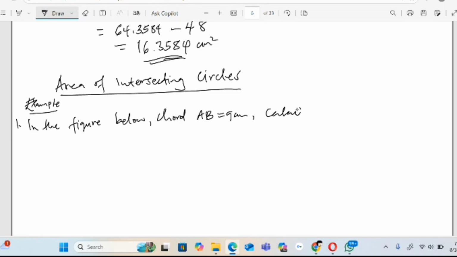Calculate the area of the shaded region. So in the figure below, chord AB is 9 centimeters. Now calculate the area of the shaded region.